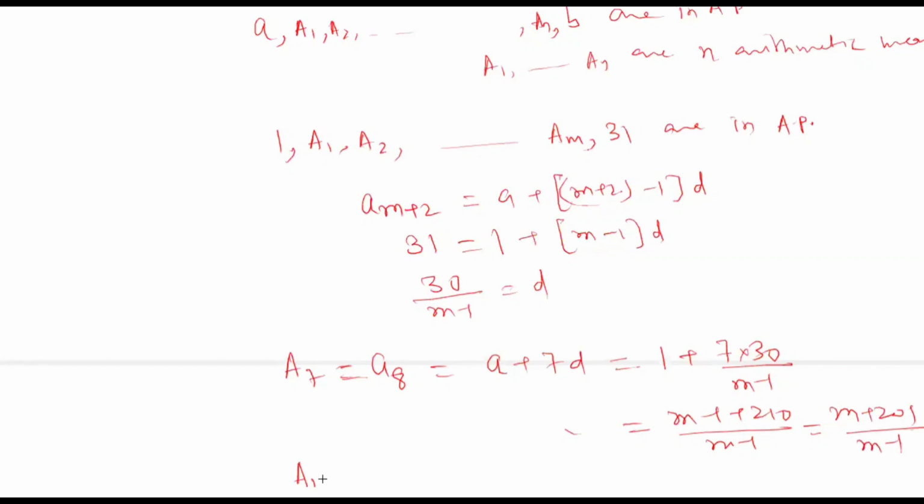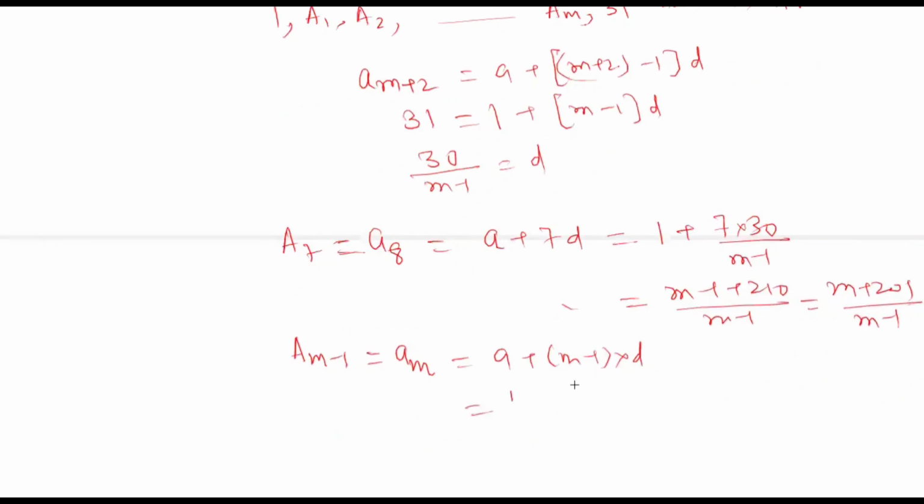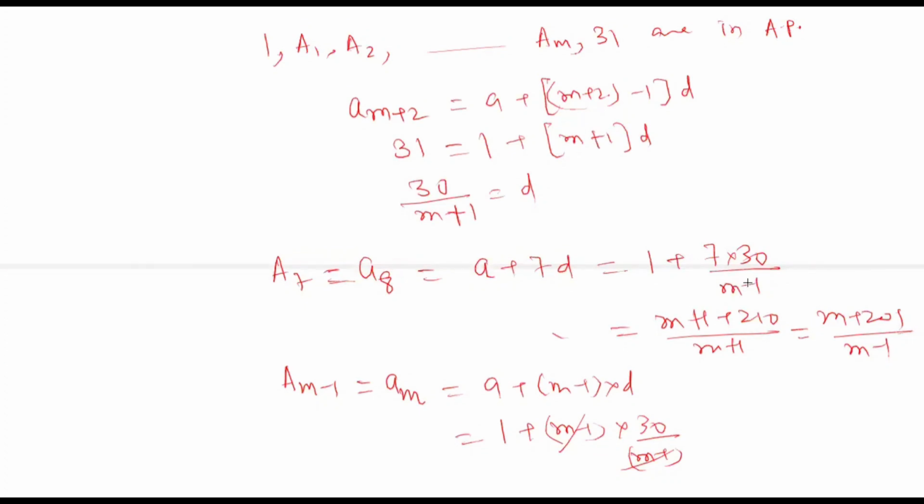Then they are talking about the (M minus 1)th mean, which is going to be my AM term, which is A plus (M minus 1) into D. A is 1, and D is 30 upon M plus 1.